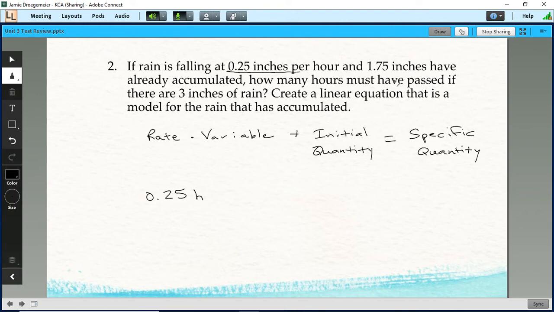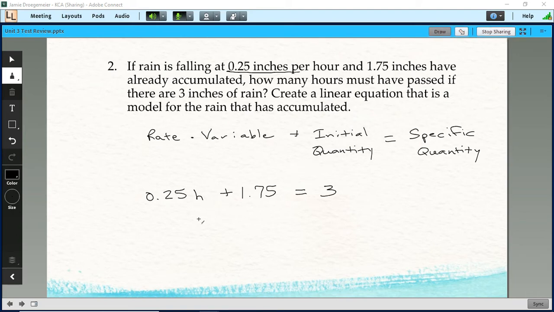Initial quantity, well, we had 1.75 inches that had already accumulated, and then the specific quantity, we want to know how many hours it's going to take for us to get to 3 inches of rain. So that's how we would go about creating that equation.